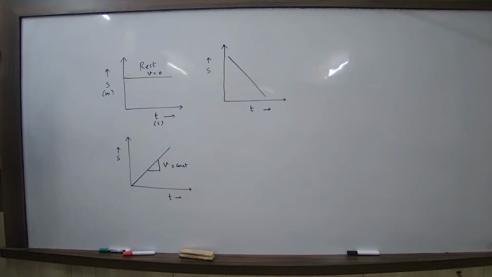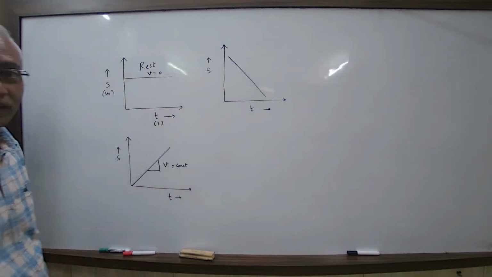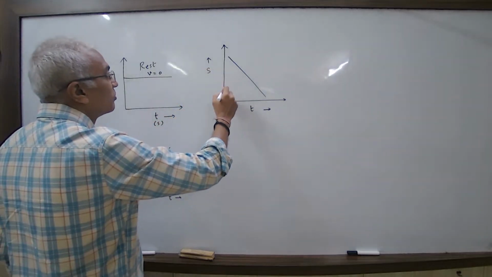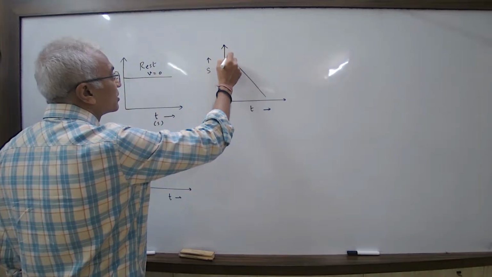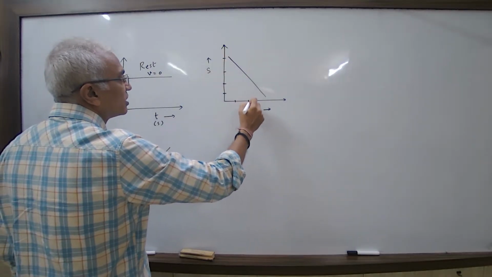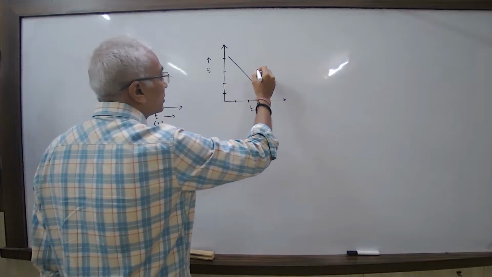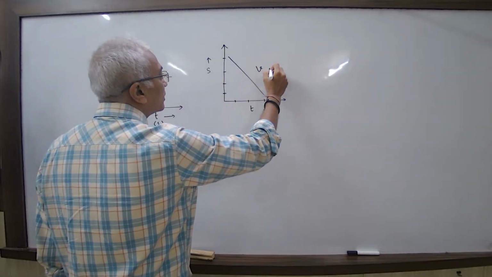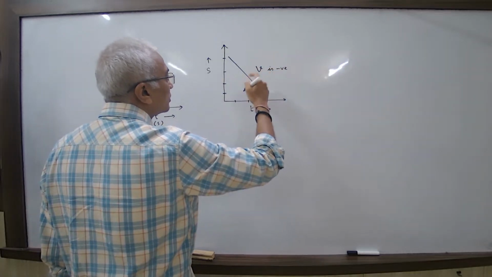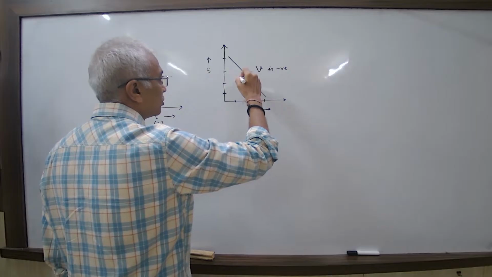Velocity is decreasing. Displacement is going backward, motion in the opposite direction. So it is negative velocity. Constant velocity, but it is minus. Slope is minus, no?